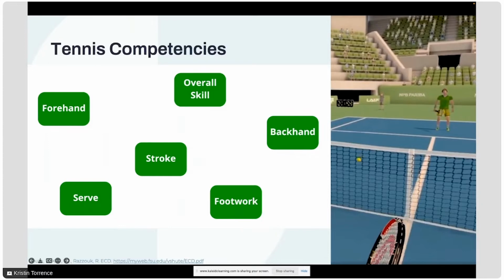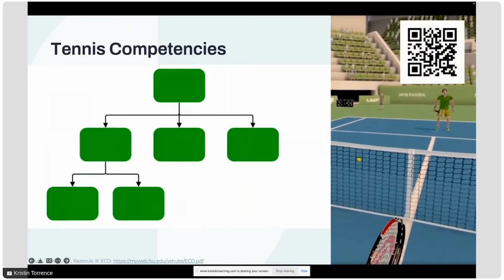And the models can go up and down, or they can go left or right, as long as the direction is consistent. So I'll give you a clue as to the shape of this competency model. And when you have a chance, go ahead and scan that QR code again. We're going to use Mentimeter.